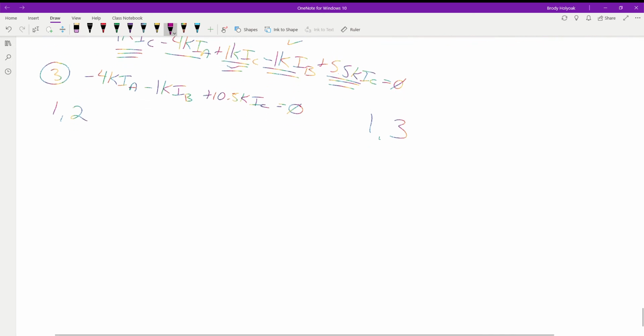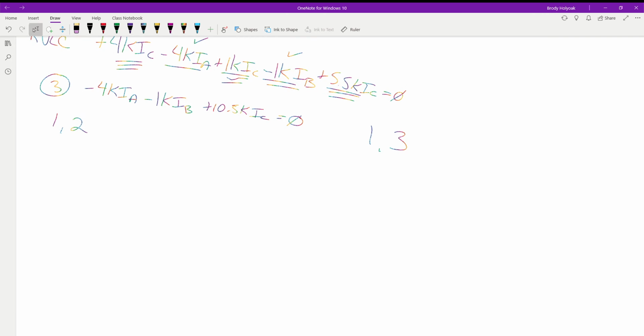So combining these together, we have 5KIA minus 1KIB minus 4KIC, and that is equal to 25.